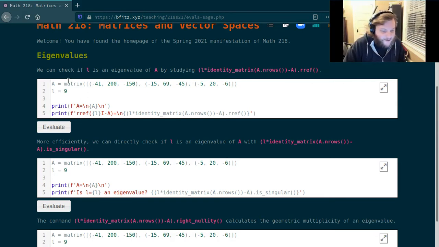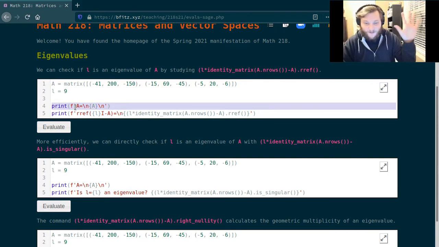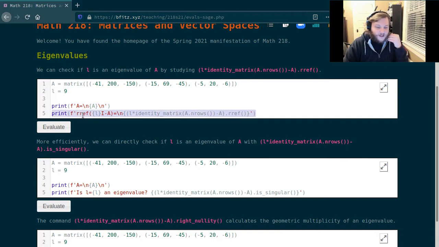So if you input any n by n matrix on the first line here called A, and you define L to be any number here, this code will spit out the matrix A in this first print statement, so you can verify that you input the right A. And then this will give us the reduced row echelon form of the associated characteristic matrix. And the idea is that we can use that to figure out whether or not our lambda was an eigenvalue.